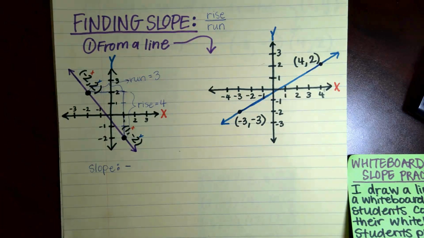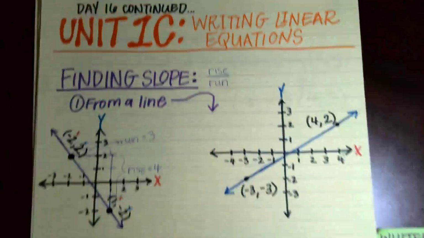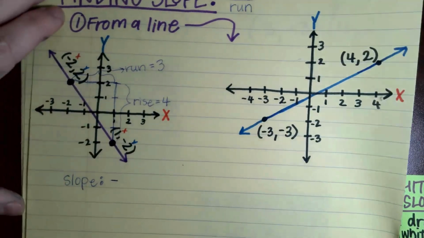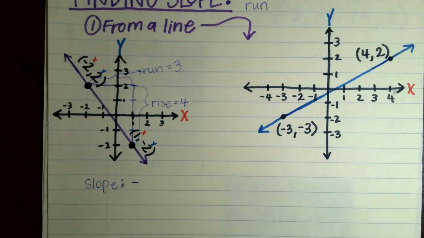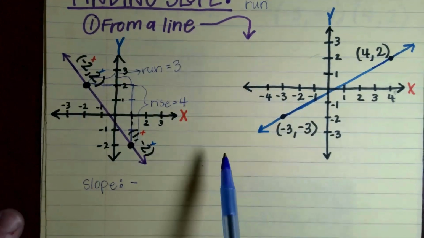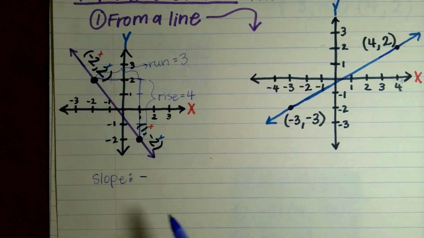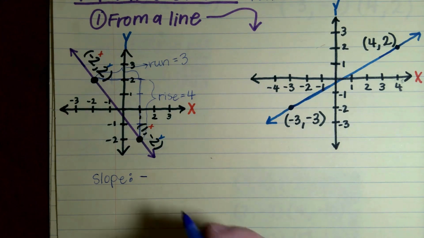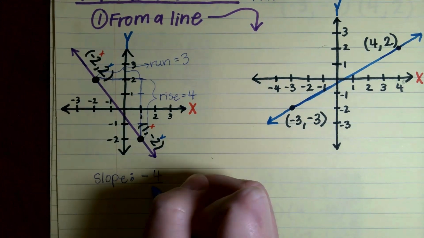Does everybody see what I've done there so far? Okay, so I just found my rise and my run. My rise is 4, my run is 3. I know that my slope is negative. So what should I write for my answer here? What is the slope of this line? 4 over 3. Yeah, it's going to be negative 4 over 3.